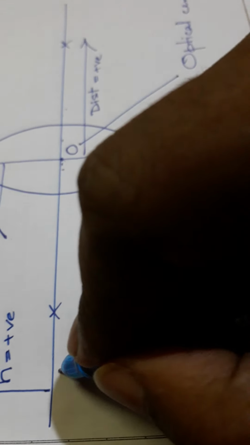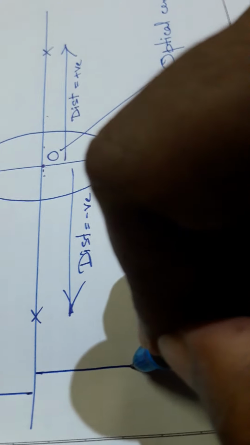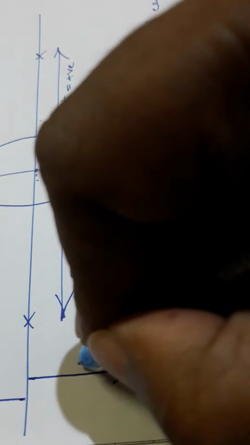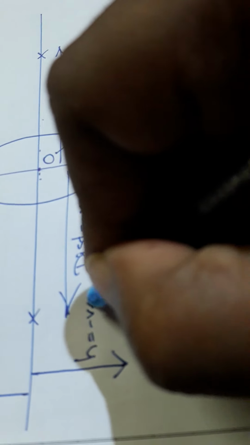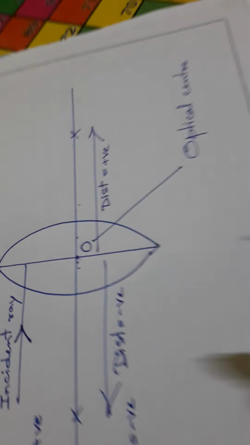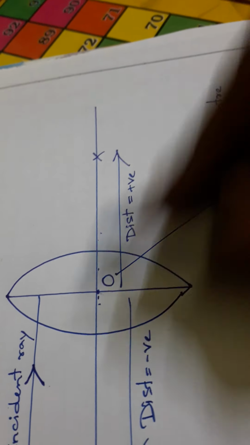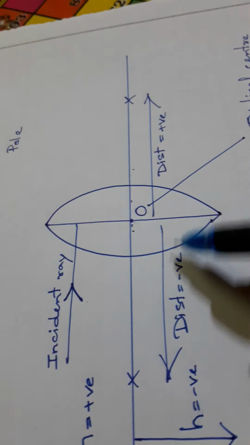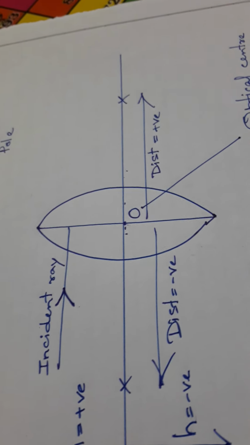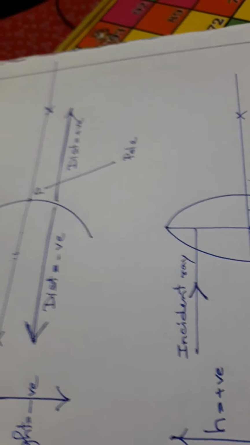So if it is vertically upward, we take the height as positive; if it is vertically downward, we take the height as negative. For distance, if it is along the direction of the incident ray, it is positive, and if it is in the opposite direction of the incident ray, it is negative.